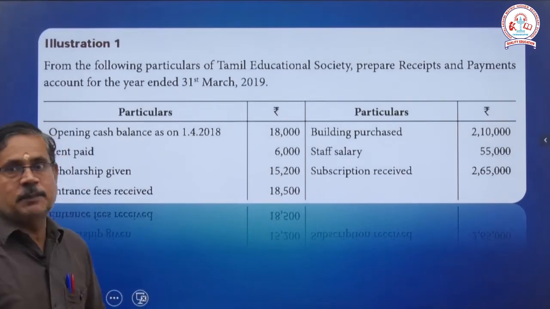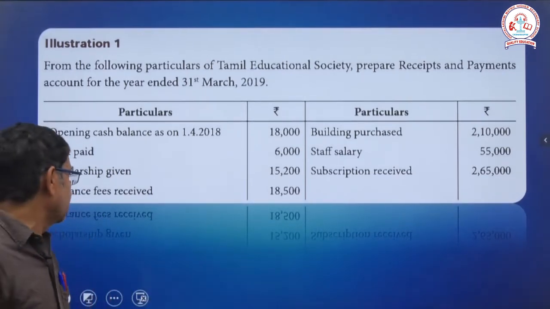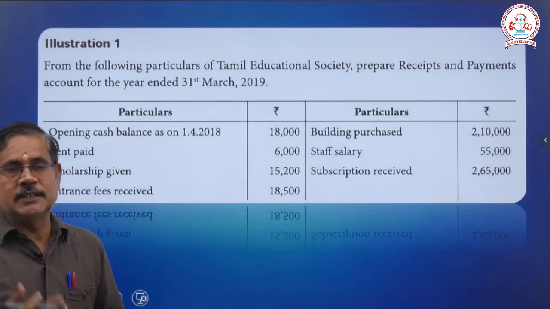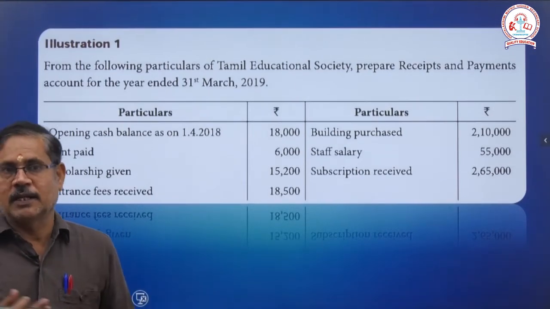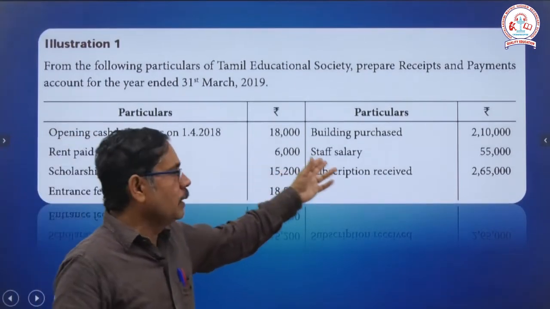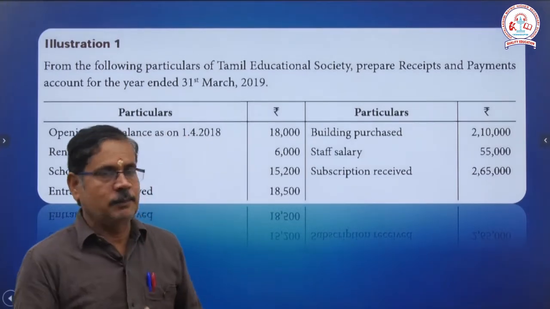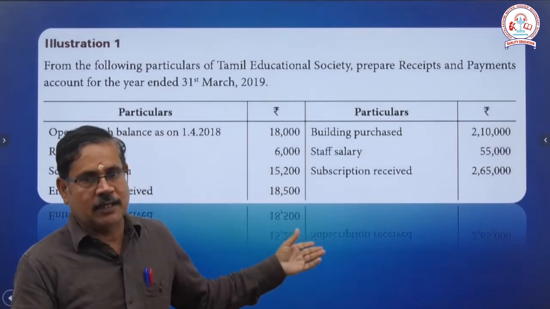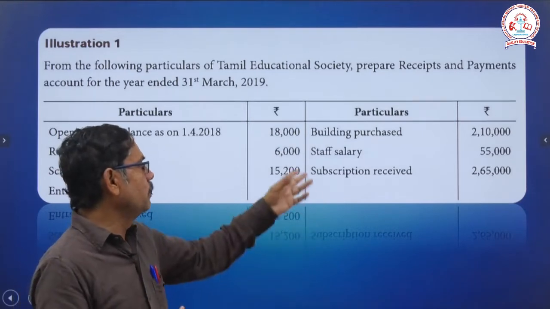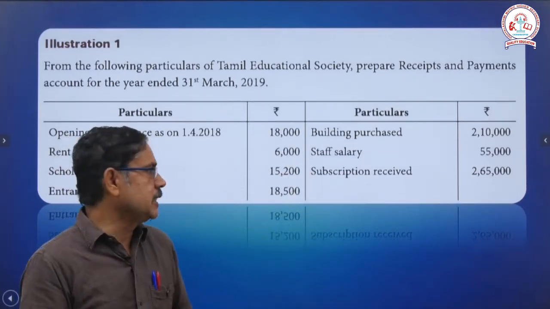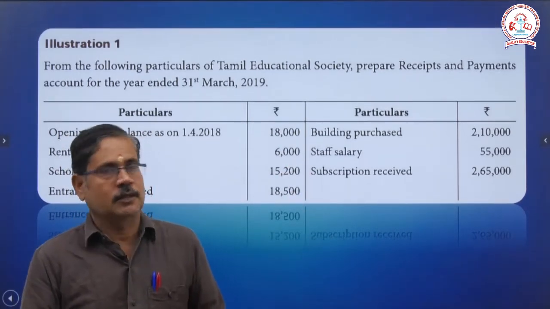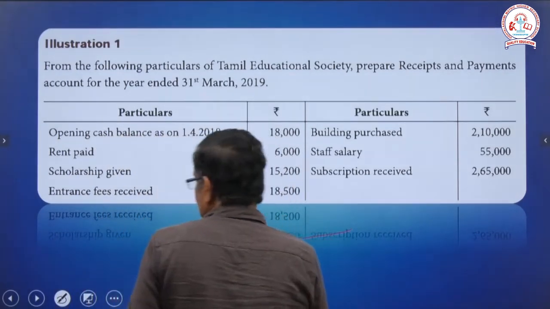Scholarship given will appear on the payment side. Entrance fees received is a received item, so it will appear on the receipt side. Building purchase and staff salary paid will appear on the payment side. Subscription received will appear on the receipt side. Now we will see how to do the sum.